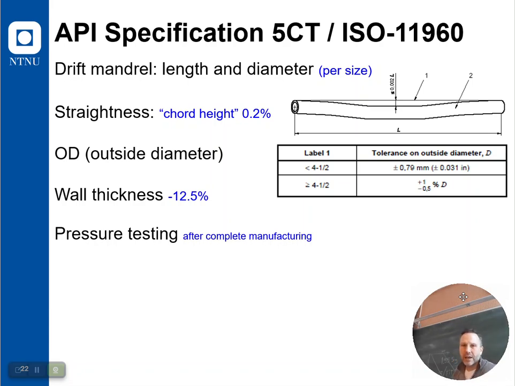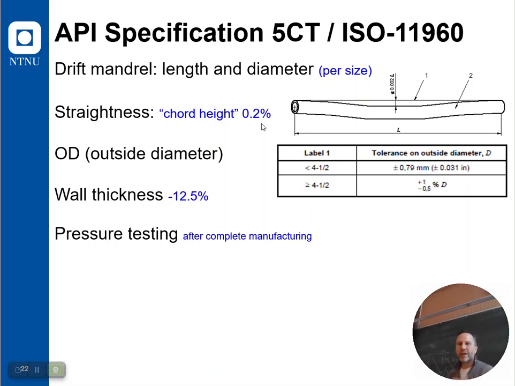Say this chord height of 0.2%, probably many of them are much better than 0.2% today as standard without any problems, right? So this is just an example, but you'll find that many of them say that this is special pipe, whereas special today is the standard. That's my understanding of it.